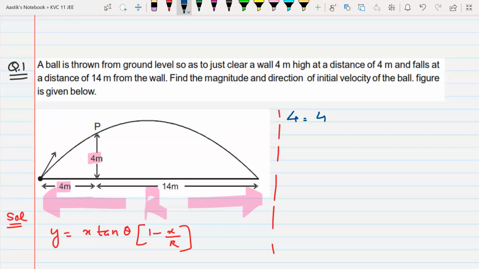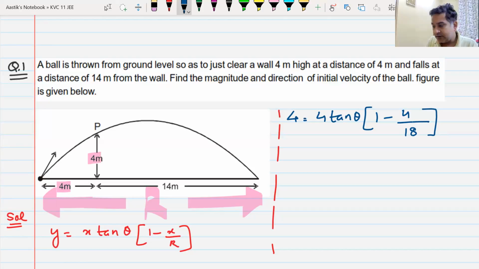What is tan theta? I don't know the value of tan theta, so I write tan theta as tan theta. 1 minus the value of x is 4 and the range is 18. Did you get how to do this? Well done. If you could do this, great. If you can't, just have a look. If a question comes like this, you can do this. From here, you can now find out the value of tan theta. What is the value of tan theta you are getting?